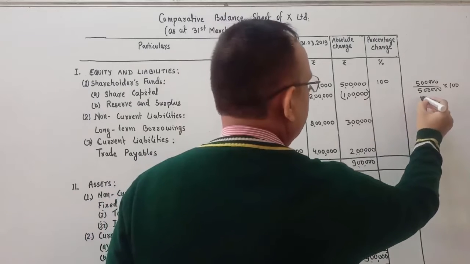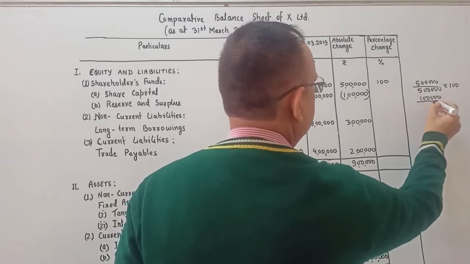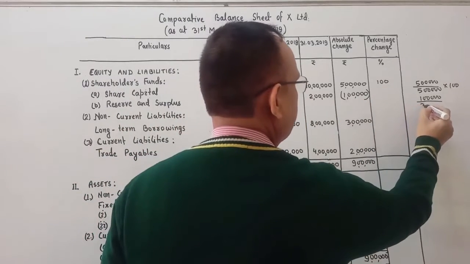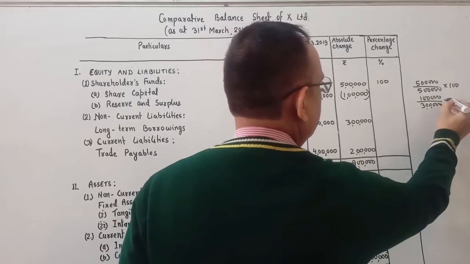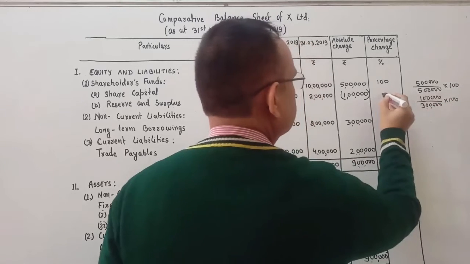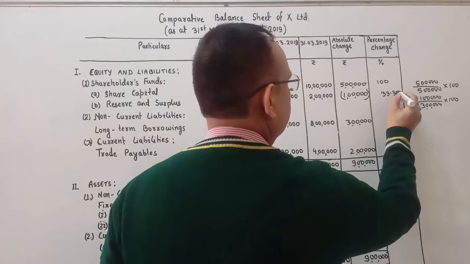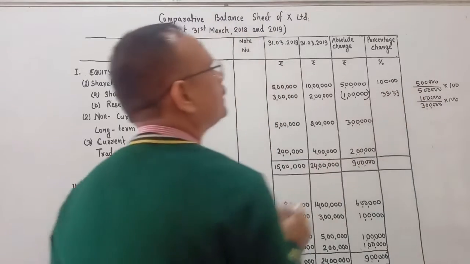Thereafter, you come to this. Absolute change is 1 lakh, and the previous year figure is 3 lakhs, into 100. So, it is 33.33. Is it clear? 33.33.